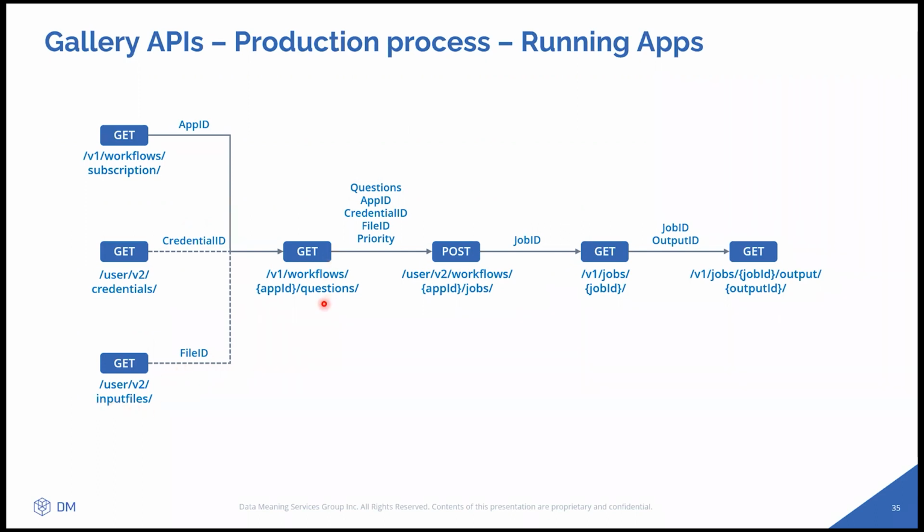Then you will need this other endpoint to get the questions, as I showed you guys how to do here. And then you queue the job. This will queue the job, and you're going to have the job ID. Then you can see the state of that job, and then you can download the content of that job, if you have a file that is being generated. So really, really simple.